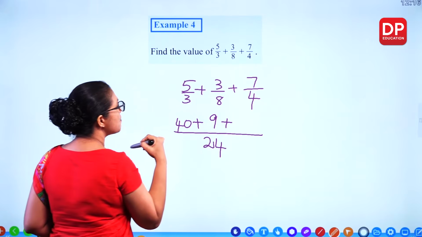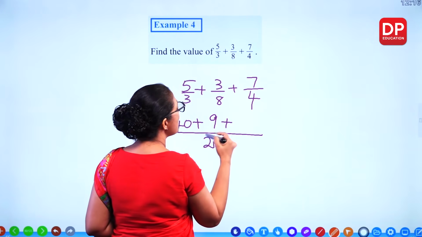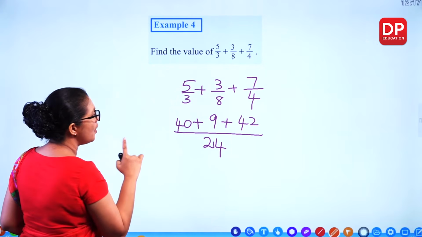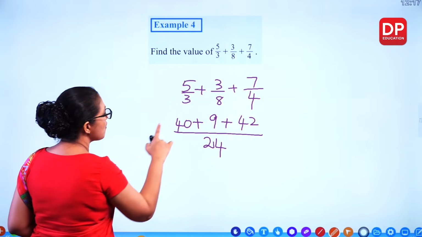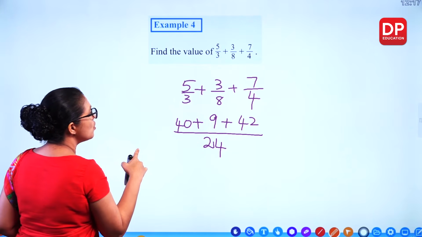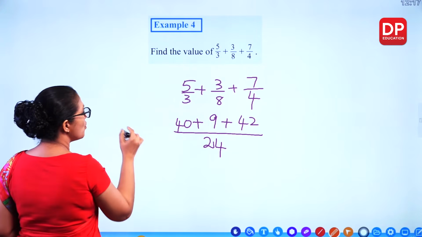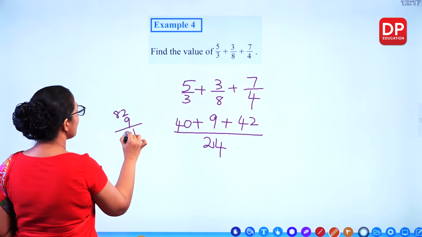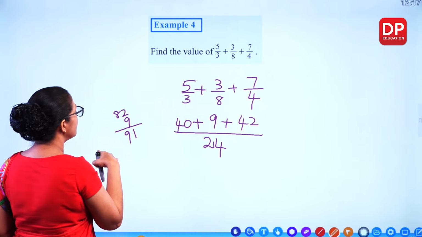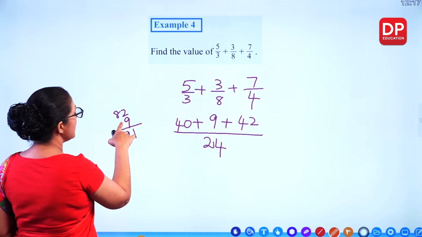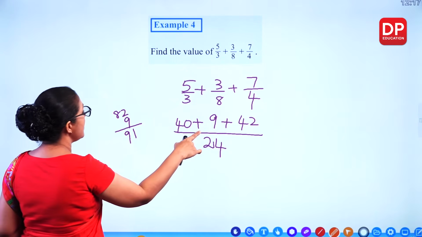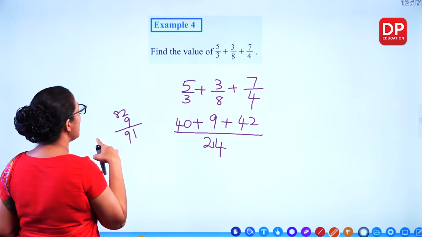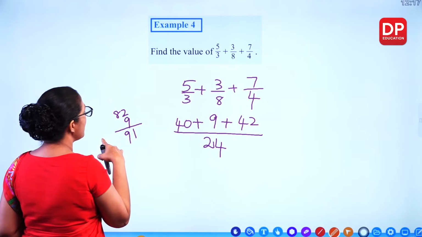And multiply this by 6. 6 times 7, 42. Now add everything. 40 plus 42, you get 82. 82 plus 9, 91.